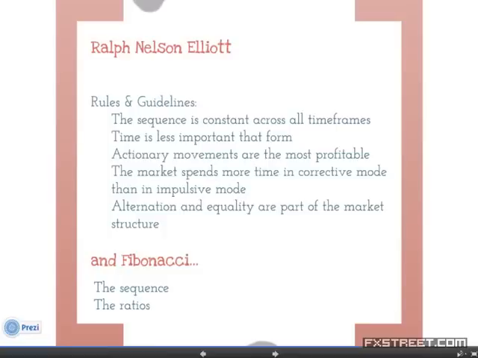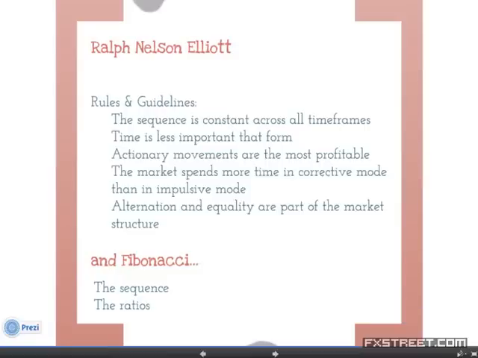This is something that happens in larger time frames and in lower time frames, and for him, the time needed for a certain wave to form is less important than the shape of the pattern. So time is less important than form. Not time in the sense as we will see later on with Gann, which takes a different dimension, but here is the importance of the form in itself.